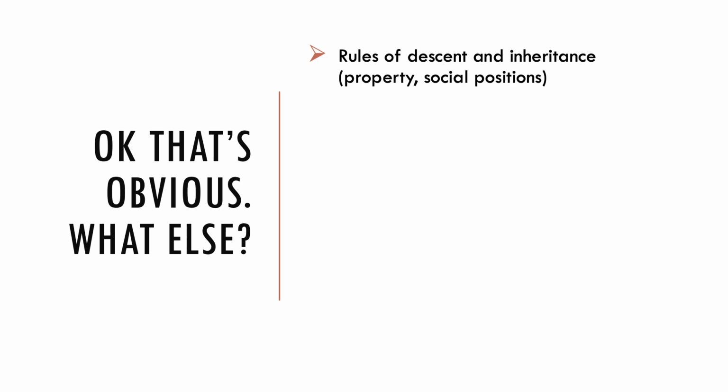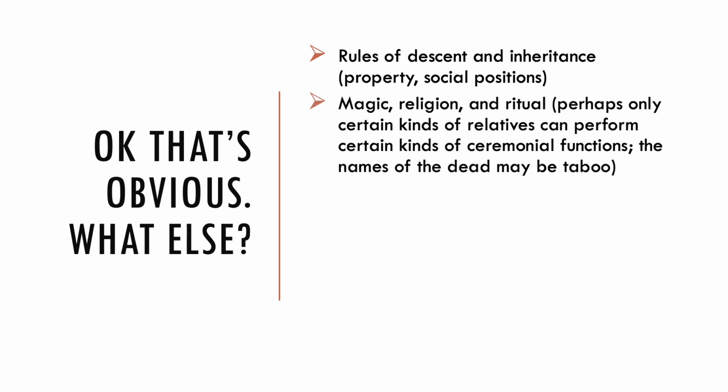You can track rules of descent and inheritance. And when we talk about inheritance, we mean both property and social positions. You might learn about magic, religion, and ritual. So perhaps only certain kinds of relatives can perform certain kinds of ceremonial functions.